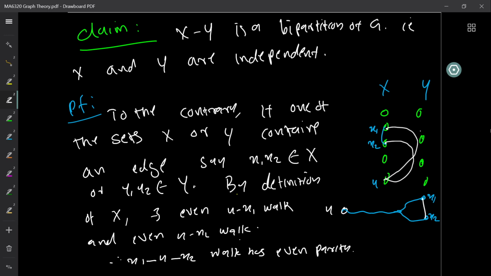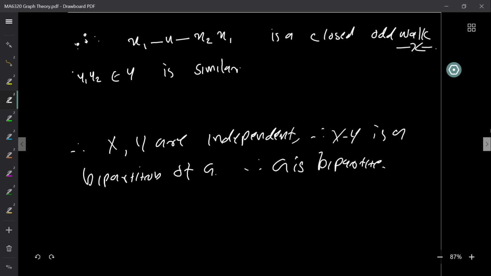On the other hand, similarly, if you had y1 and y2, then u to y1 and u to y2 are odd lengths. So odd plus odd is again even, and if y1 y2 is an edge, you again get a closed walk of odd length, and that's it. Therefore, X and Y are independent, and therefore XY is a bipartition of the graph.